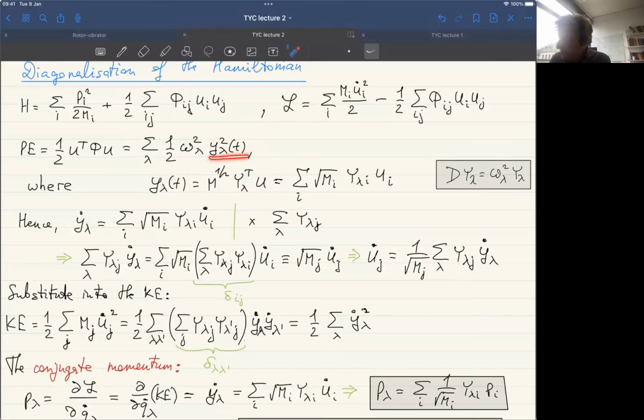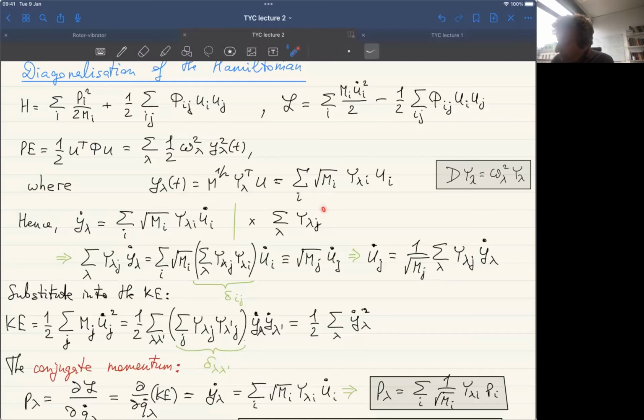And these normal modes can be written via atomic displacements U in this way, where capital Y are eigenvectors of the vibrations. You can also consider velocities associated with the displacements by simply differentiating this line with respect to time. You arrive here, and then you can solve this equation with respect to velocities of atomic displacements.